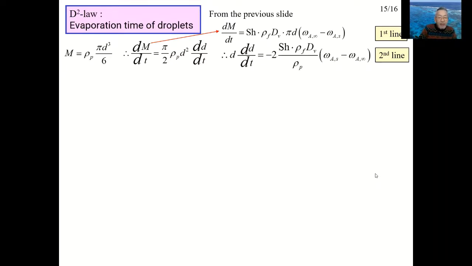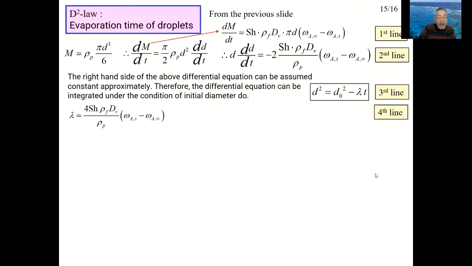Substitute the derivative of the droplet mass given by the derivative of the droplet diameter into the equation on the first line. Then the differential equation of the diameter d is obtained as shown on the second line. The right-hand side of the above differential equation can be assumed approximately constant, so the differential equation can be integrated under the initial condition d0 as shown on the third line.